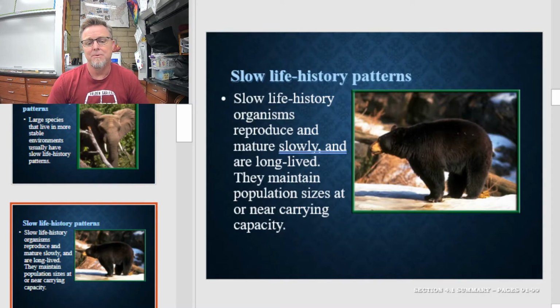So if you had a slow life history pattern, but you were living in an unpredictable environment, honestly, all your young would die and you wouldn't be able to reproduce fast enough to replace them. That's not good. You'd go extinct. So the only way slow life history patterned animals can survive is if the environment is relatively stable.